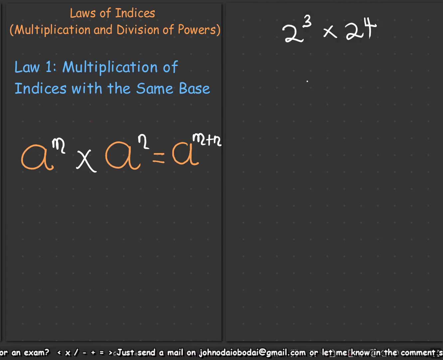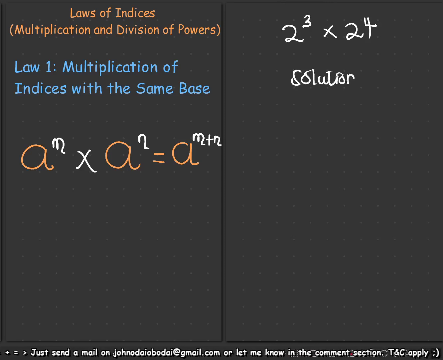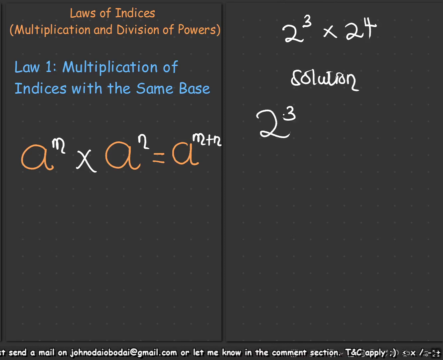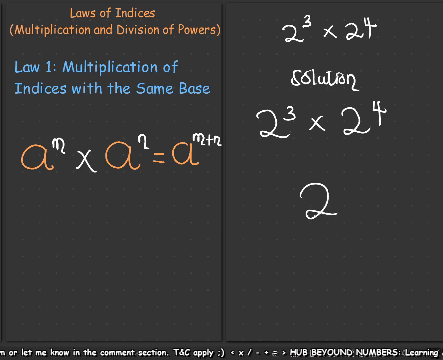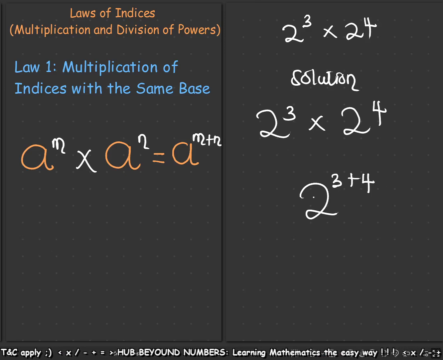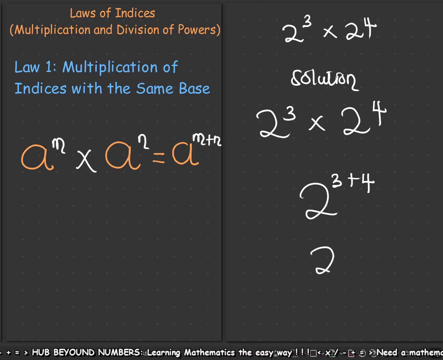Since the bases are the same, let's just write one of the bases, so we have our 2, and then 3 plus 4, and you are good to go. Evaluating it, you get 2 to the power 7.